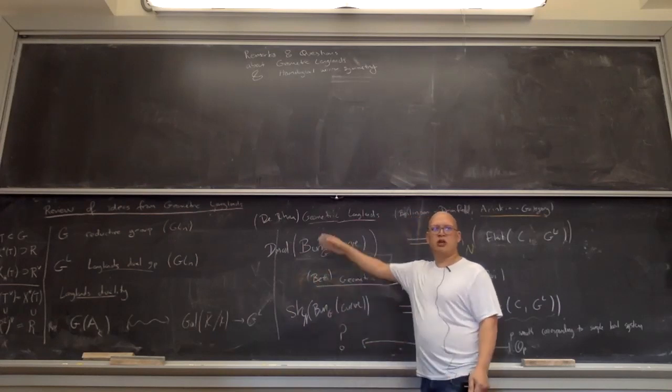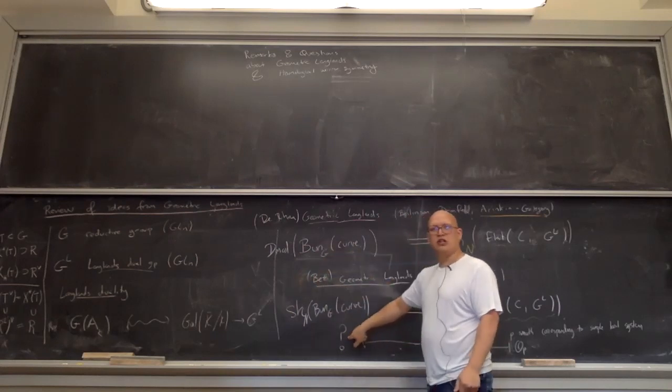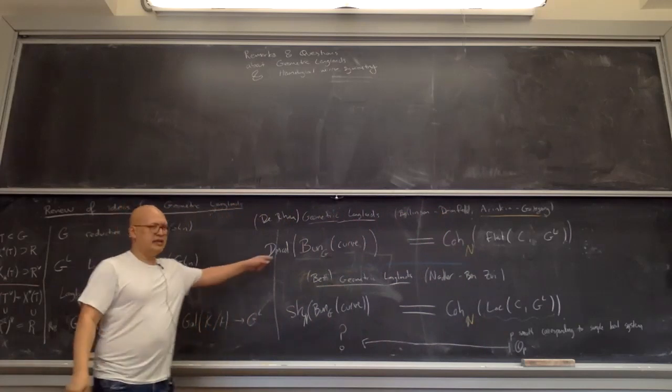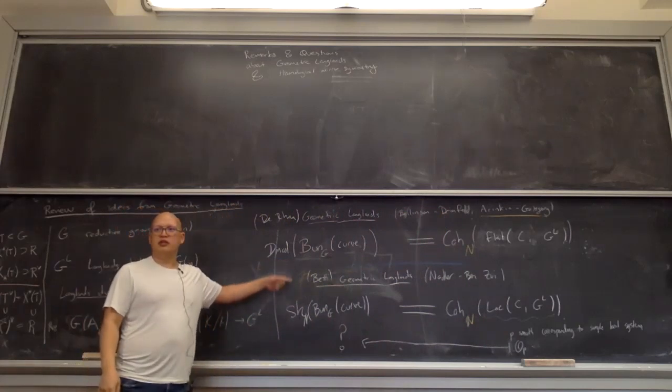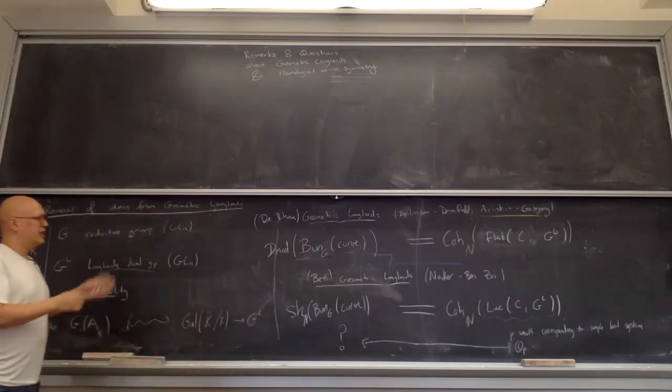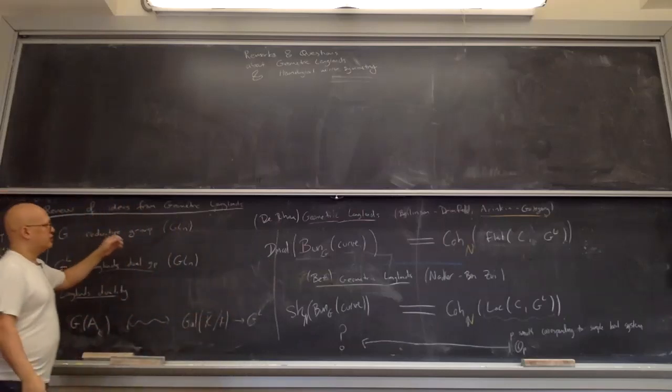Okay, so there's some part which these have in common, and this question mark should lie in that part. The statement that these have that part in common is just Riemann-Hilbert. It's the same kind of statement that local systems and flat connections are the same.